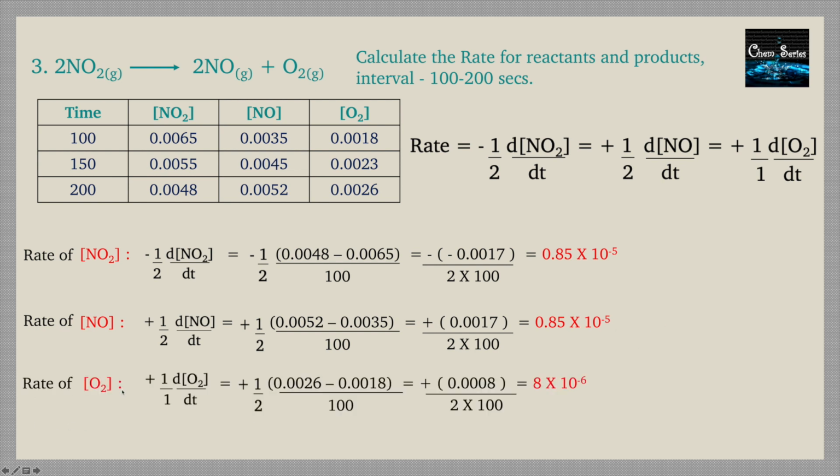Coming to the rate of O2, your formula for the rate of O2 is plus 1 by 1 dO2 by dt, that is equal to plus 1 by 2. Your dO2 is the change in concentration of O2 between the time interval 100 to 200. So you have to subtract the concentration of O2 at 200 minus 100.